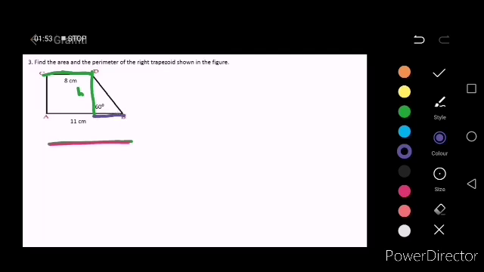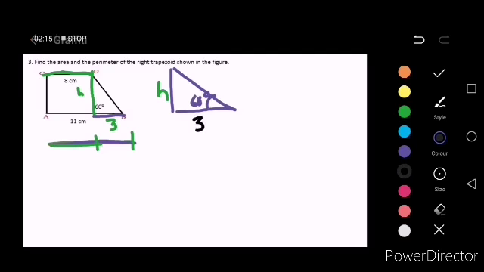Kasi, kung 11 itong haba ng pink na to, bawasan ko lang siya ng 8. Ang naging sagot ay ano? 3. Very good. So, ibig sabihin, dun sa triangle natin, 60 degrees ito, tapos, ito yung height na nawawala at nahanap ko yung missing value here, which is 3.